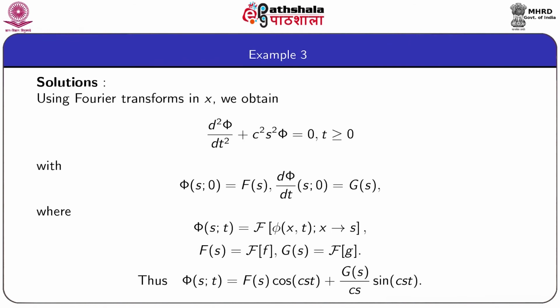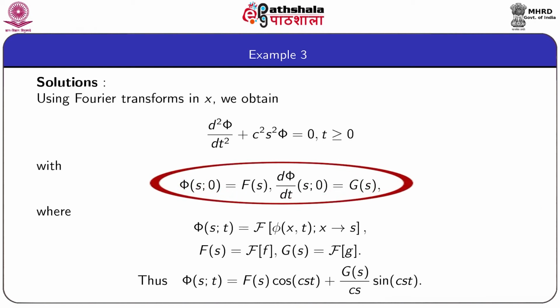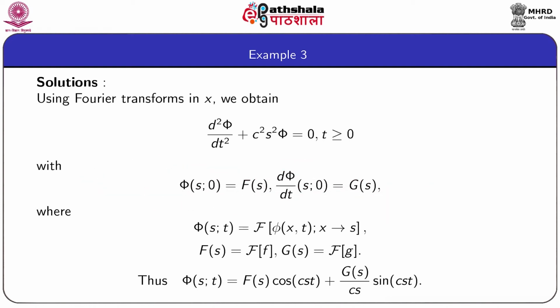We also use Fourier transform to write these initial conditions as capital Phi(s) at t equal to 0 is capital F(s) and d capital Phi by dt at t equal to 0 is capital G(s). Here capital F(s) and capital G(s) are the Fourier transforms of small f(x) and small g(x).